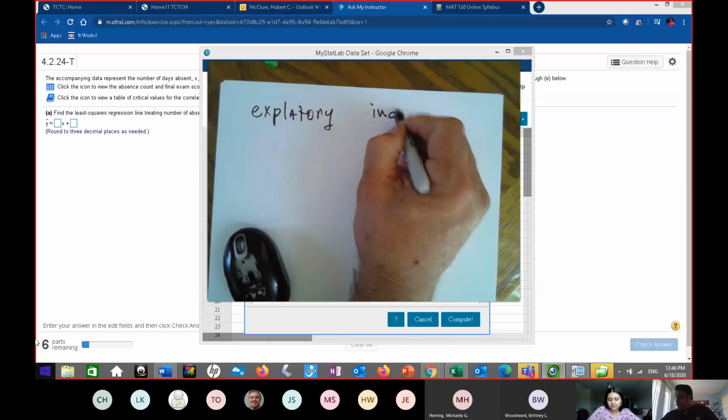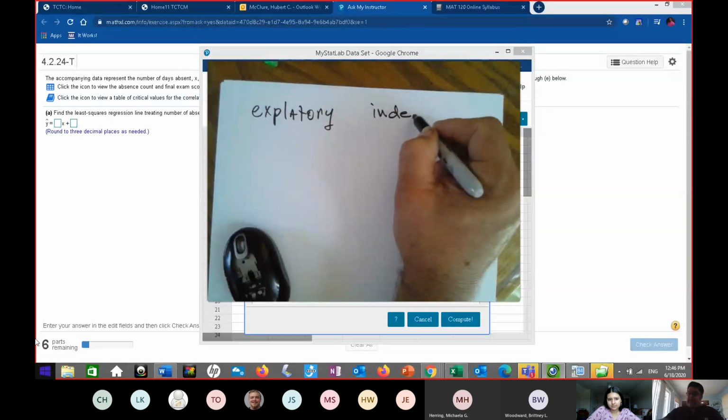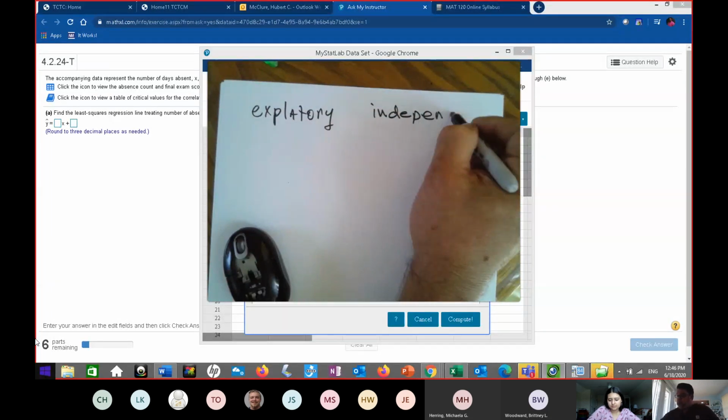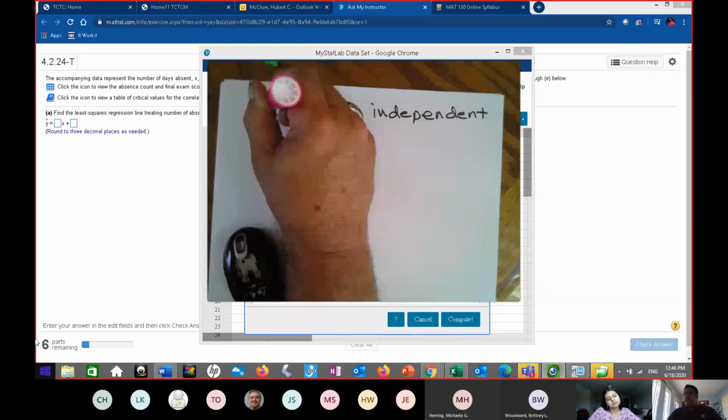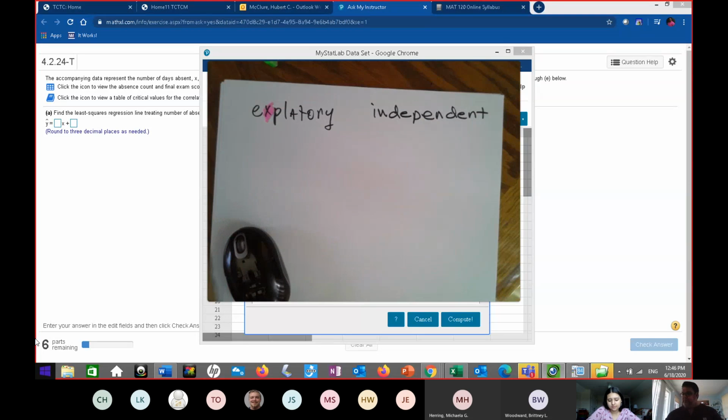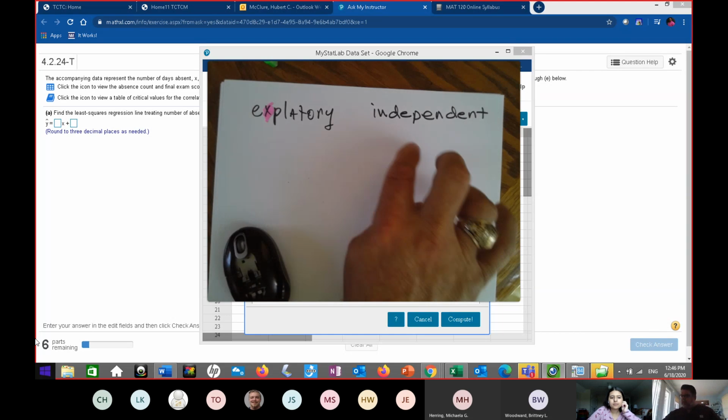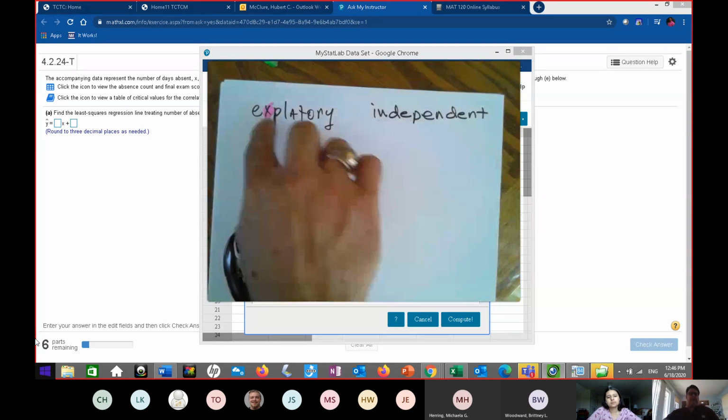I take my highlighter and somebody tell me which coordinates are they? It's always the X coordinates. So if they ask you on a standardized test about the exploratory variable, it's always the independent, but it's always the X variable.